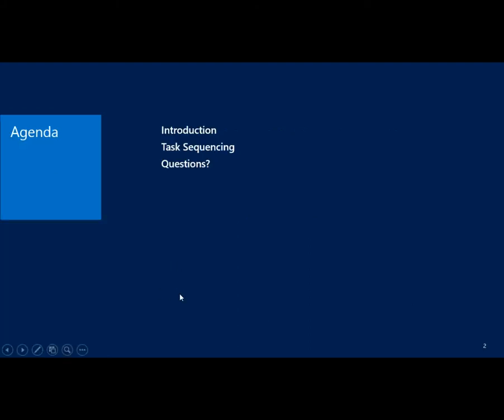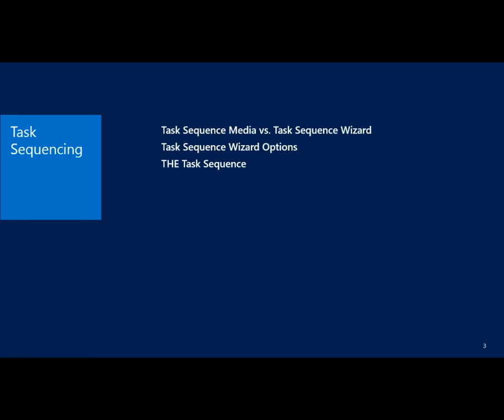So in this session, really that's all we're going to talk about is task sequencing. We're going to talk about it in a couple of ways. There's the task sequence itself, which is the engine that drives a lot of the processes, but then there's a couple of wizards that work with the task sequences, either to engage the task sequences and allow them to run, or the wizard might produce media that has an embedded task sequence, that kind of thing.